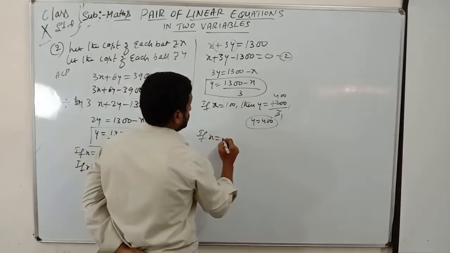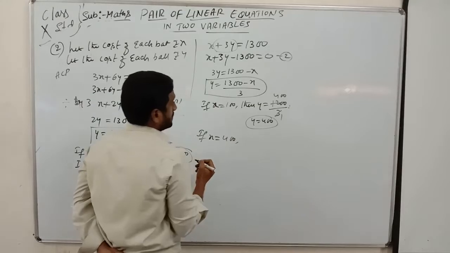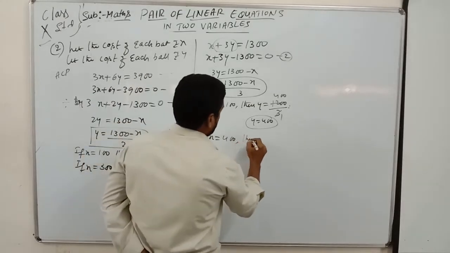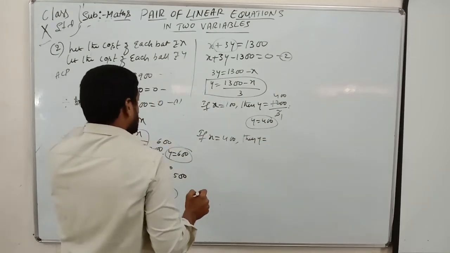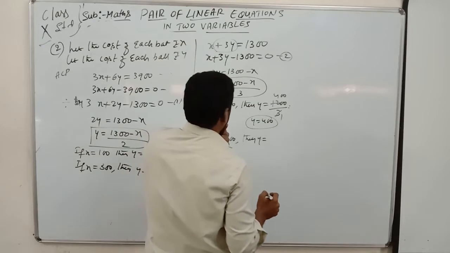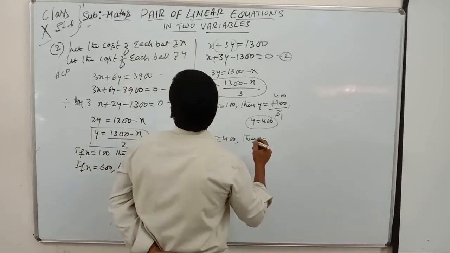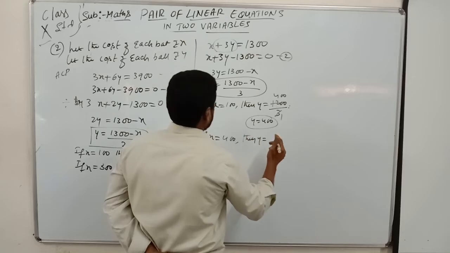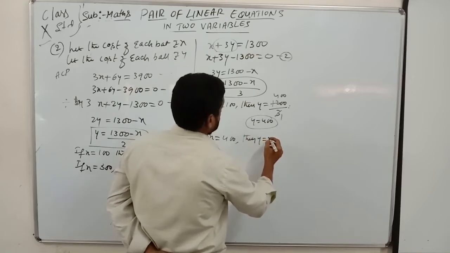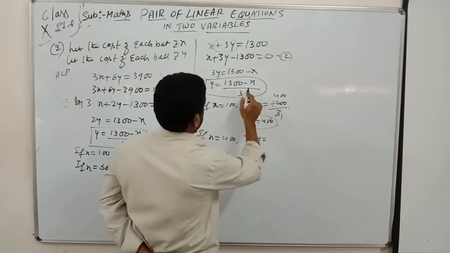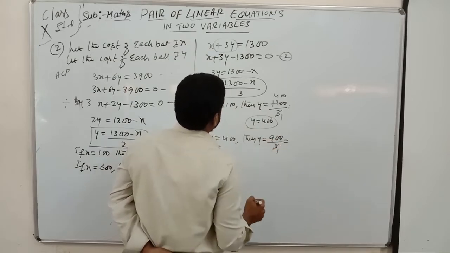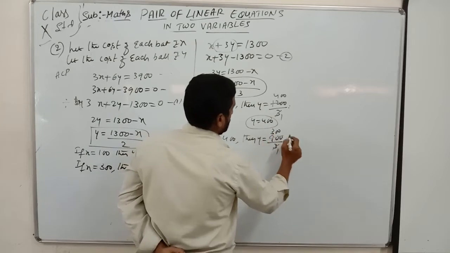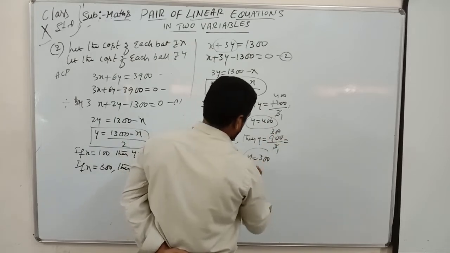So if x is equal to 400, then y is equal to 1300 minus 400, 900 divided by 3. So 3 threes are 9, so 300. So y is equal to 300.